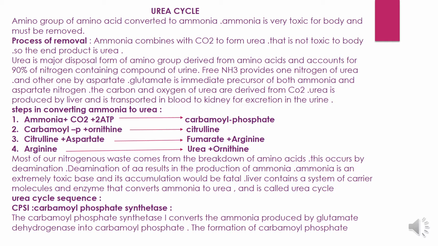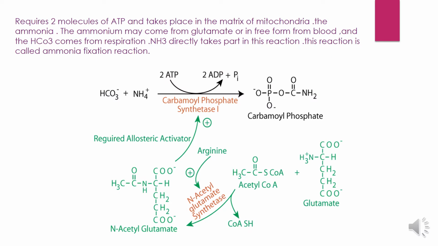One is CPS I, carbamoyl phosphate synthetase 1. It converts the ammonia produced by glutamate dehydrogenase into carbamoyl phosphate. The formation of carbamoyl phosphate requires two molecules of ATP and takes place in the matrix of mitochondria.